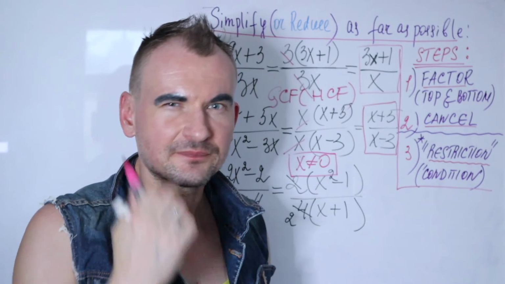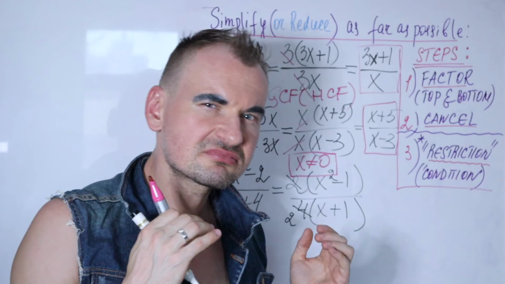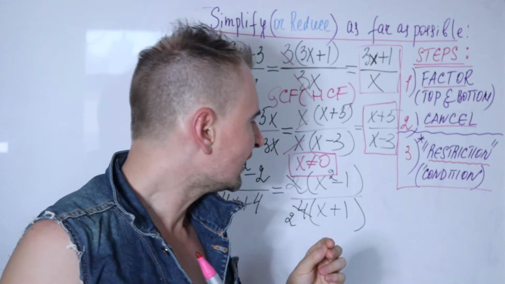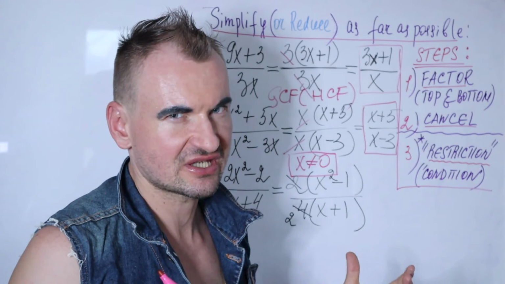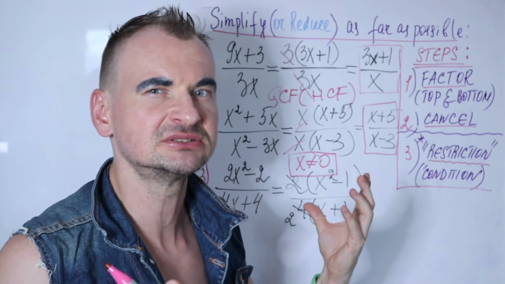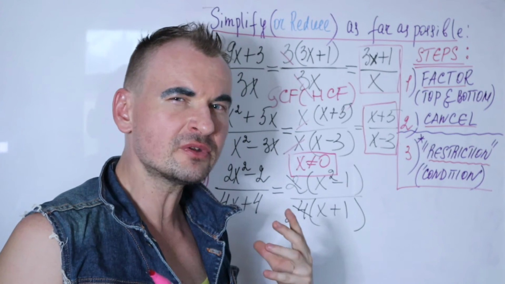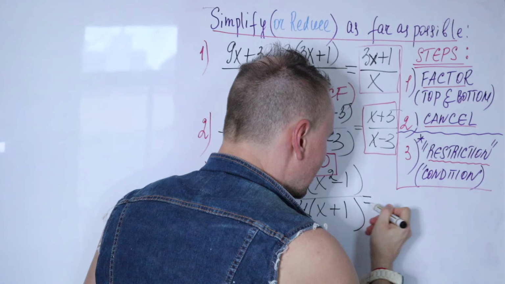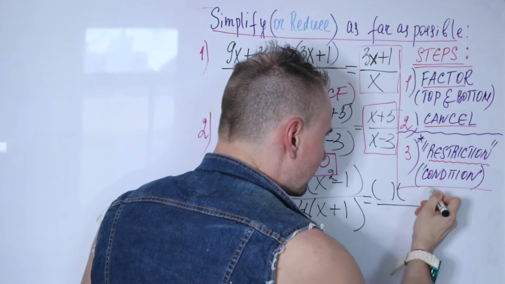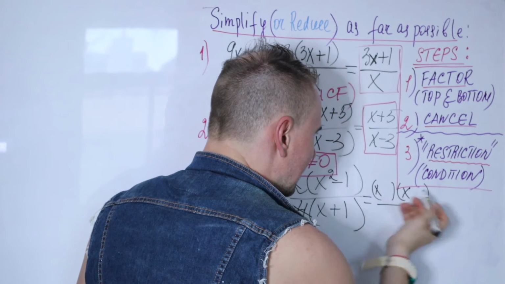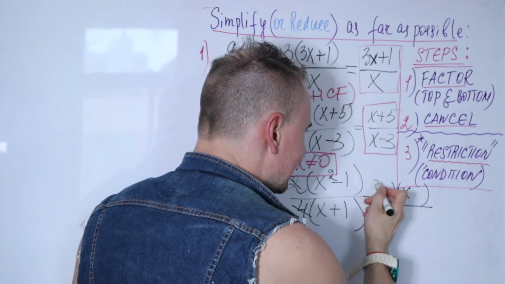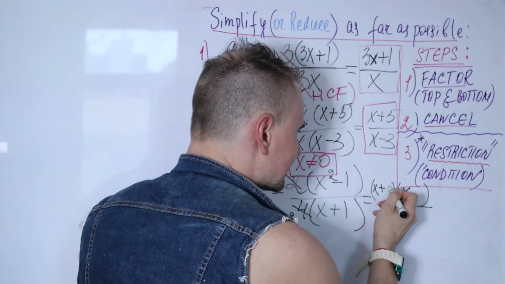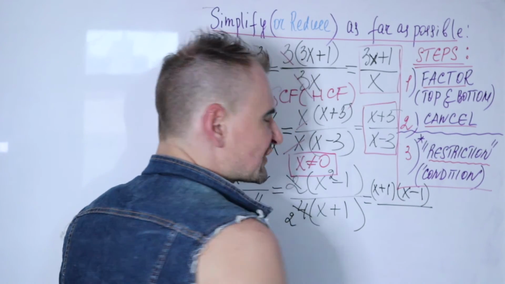X squared minus 1. This is kind of quadratic. It's not a standard form, but it's a difference of squares. And I mentioned it before, sometimes it comes out. So you have to spot the formula, you have to spot that this term basically could be factored into 2 pairs of parentheses, x plus 1 and x minus 1.